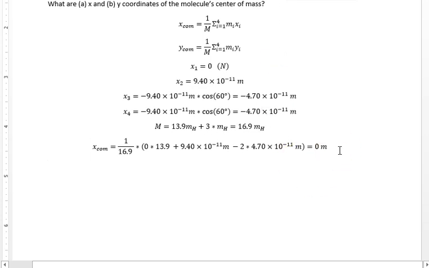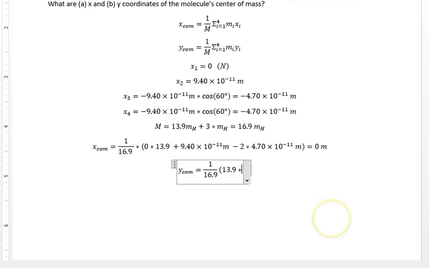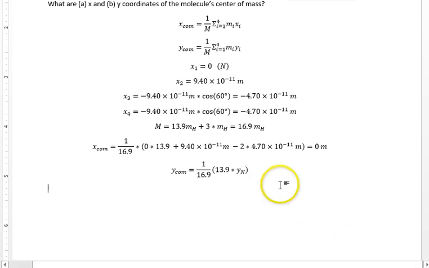So if we start looking at the y center of mass, we've still got this 1 over 16.9. And we need to know where the nitrogen is. All the hydrogens are in the y=0 plane, so they don't enter into the equation, since they've got y=0 times their mass. So we're looking at the mass of the nitrogen, 13.9 times the y of the nitrogen.